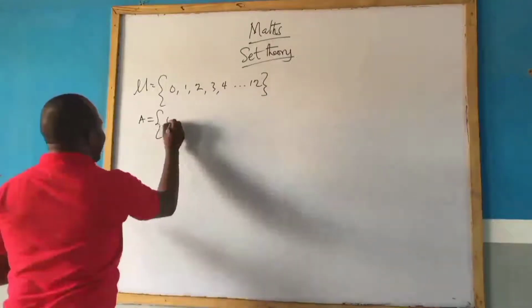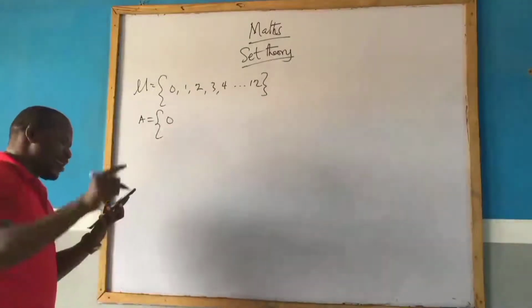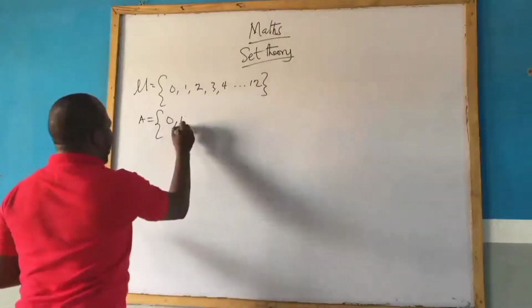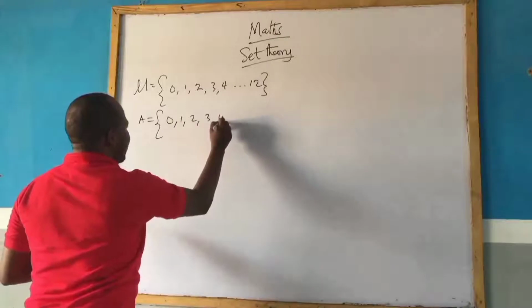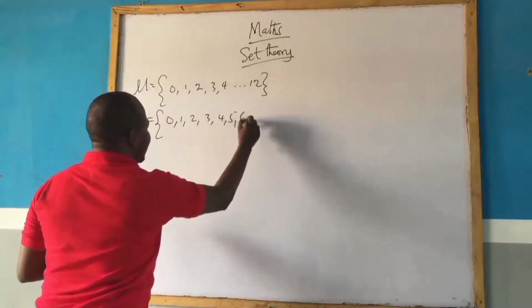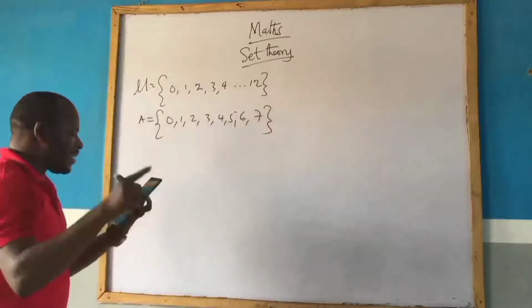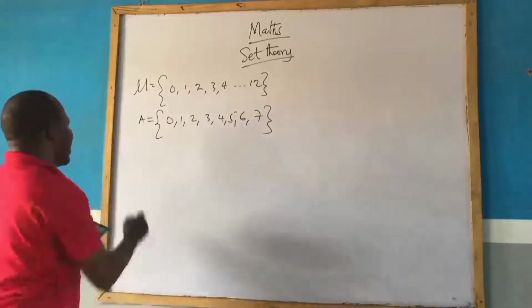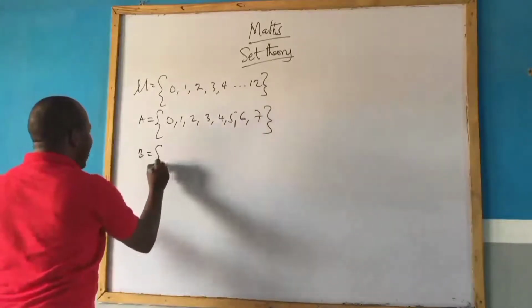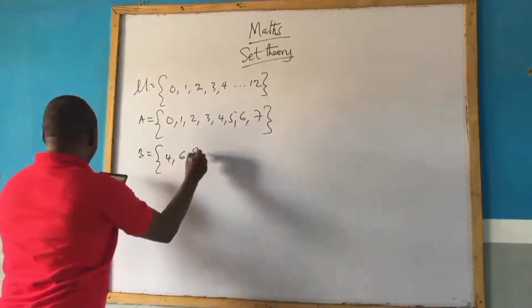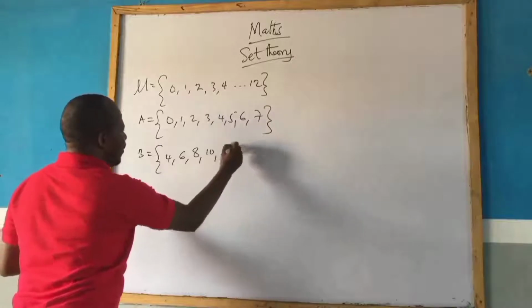So meaning 0 will be included because 0 is less than or equal to x. So you have 1, 2, 3, 4, 5, 6, 7. 7 will be included because x is less than or equal to 7. Then B, that one is already given. They gave us 4, 6, 8, 10, 12.